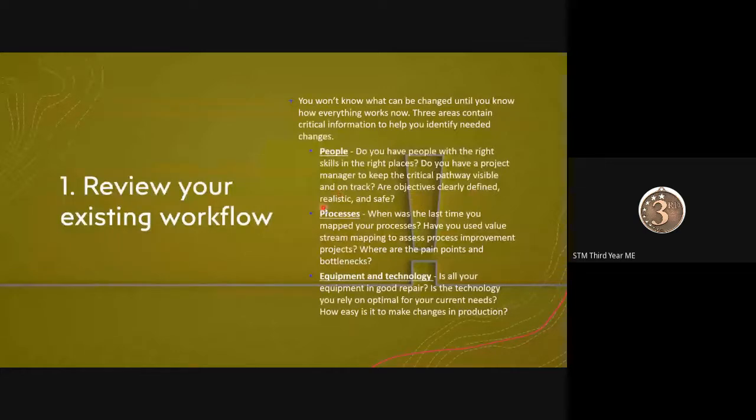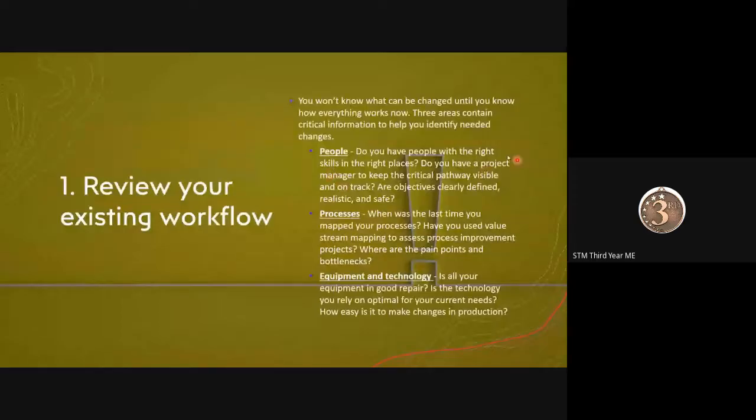So these all come under the people section of the workflow. We are looking for the right skills, looking for a manager, and looking for the objectives being clearly defined. This all comes under reviewing the workflow.